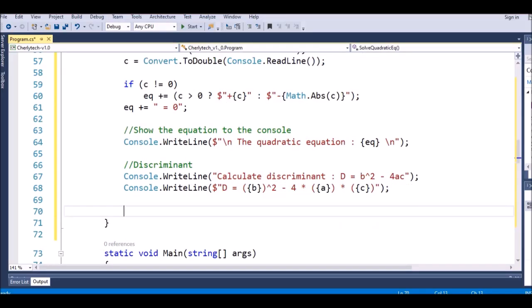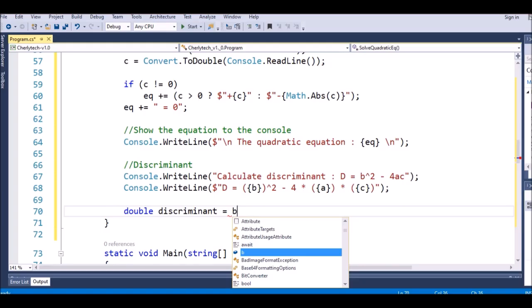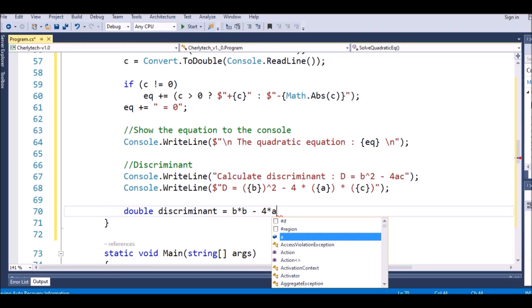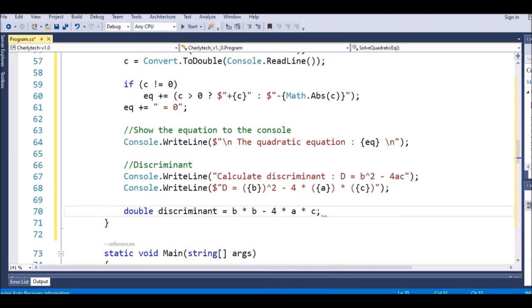We say double discriminant equal B multiply B minus 4 multiply A multiply C, should be like this, right?